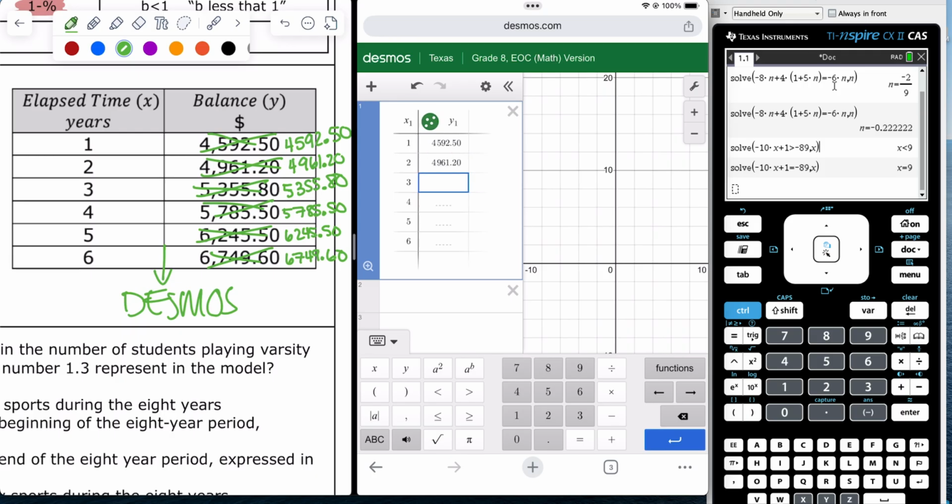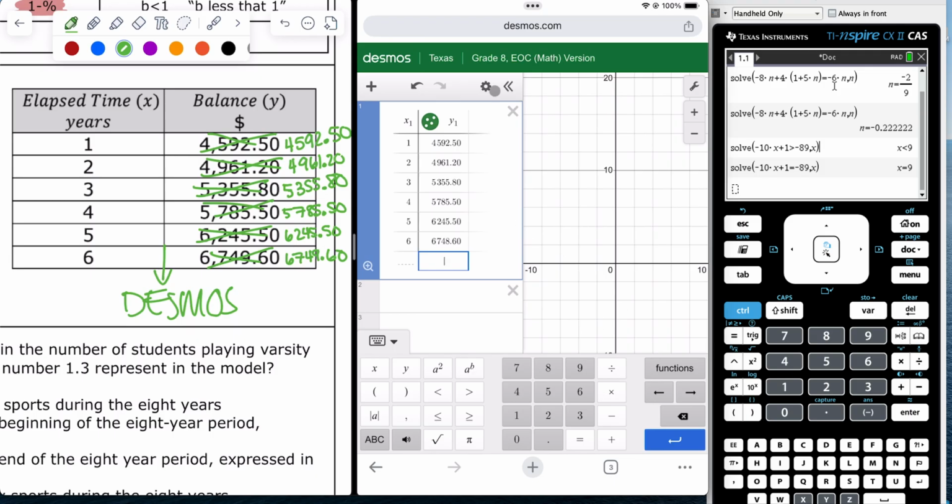Then 5,355.80. Then 5,785.50. Then 6,245.50. And then 6,748.60.